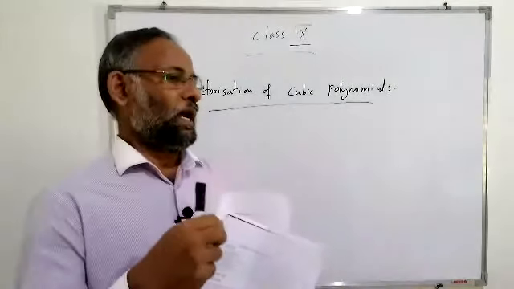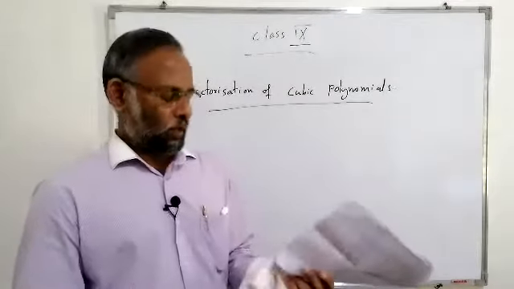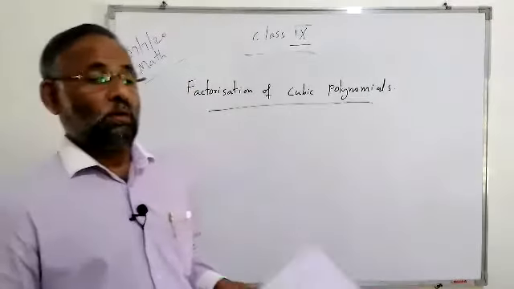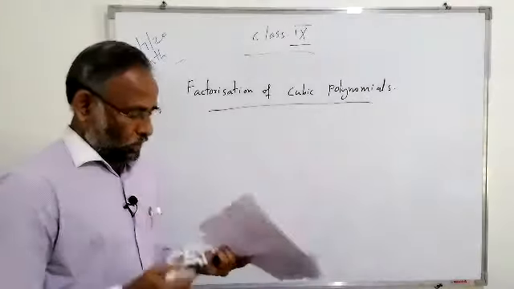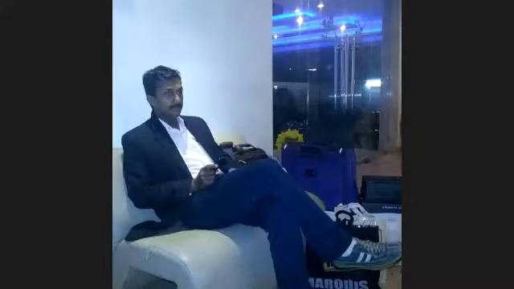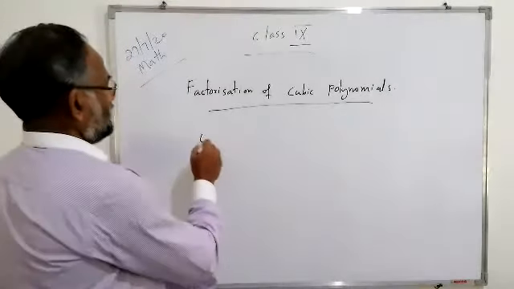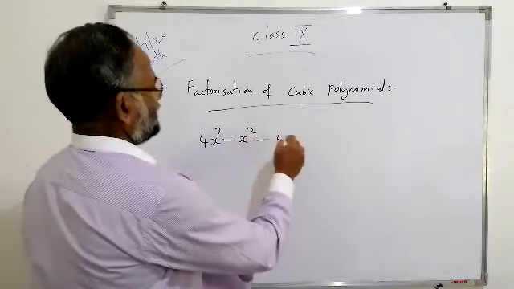In questions also we ask, example of a quadratic polynomial or any cubic polynomial. Tell me an example of a cubic polynomial. Anybody? 3x cube minus x minus 4. Okay, good. 4x cube minus x square minus 4.